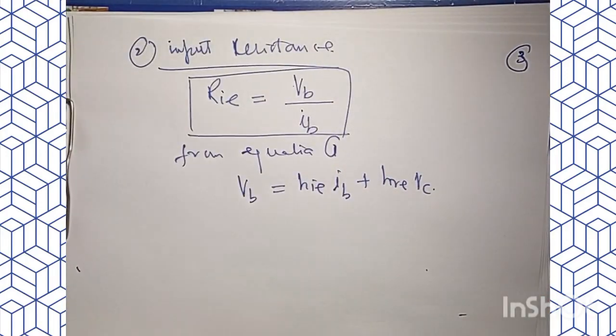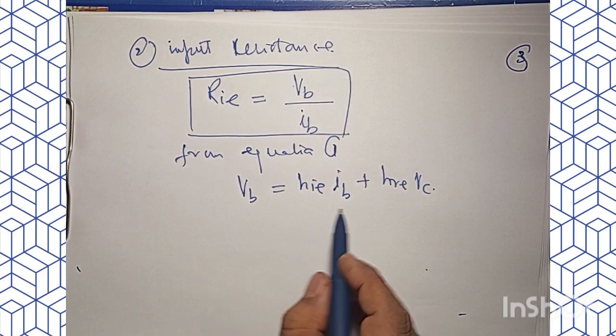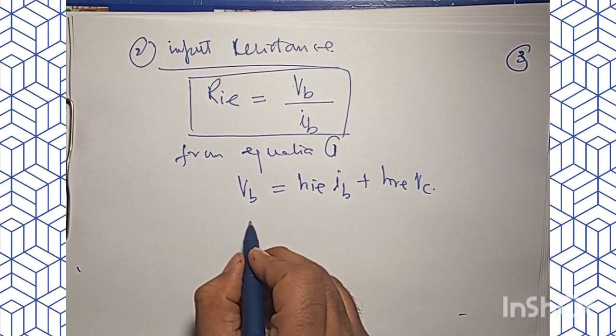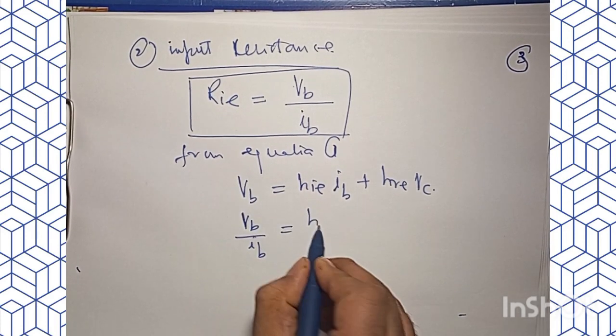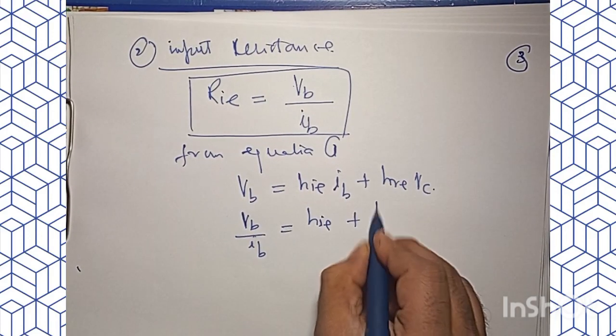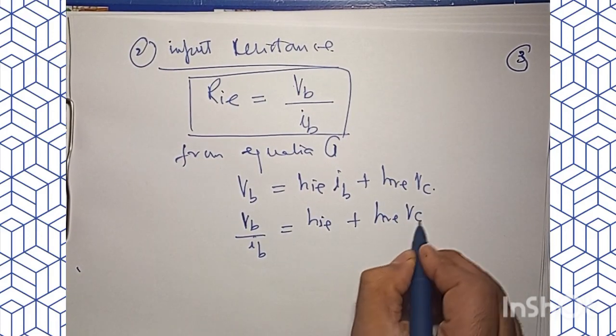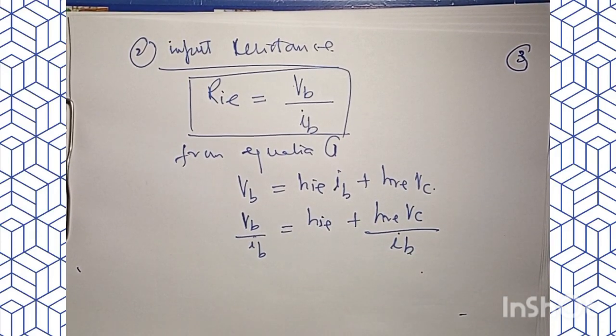Okay, this is my equation 1. I can divide this equation by IB. What am I going to get? VB by IB is equal to HIE, this IB and IB will cancel, plus HRE VC divided by IB. This should be the case.